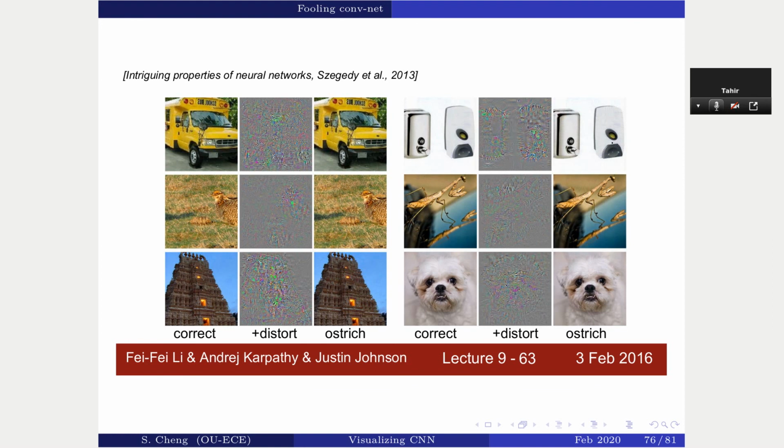So I give you this image of a truck. How do you make it an ostrich now? What do you think? How did they do that?